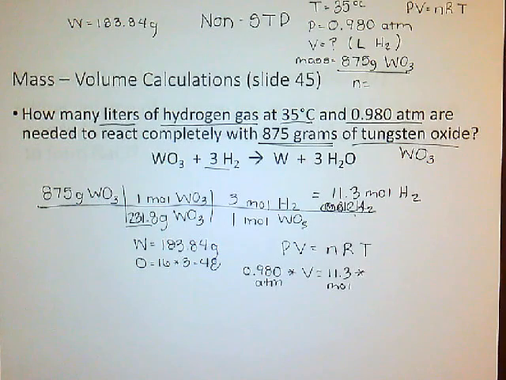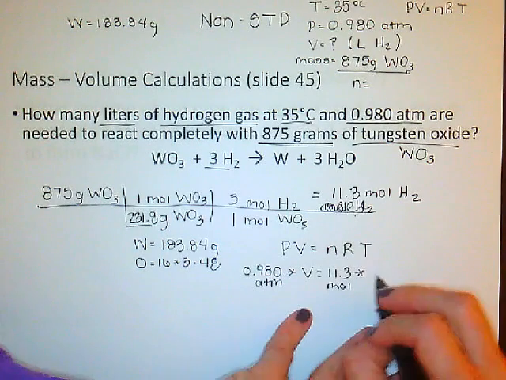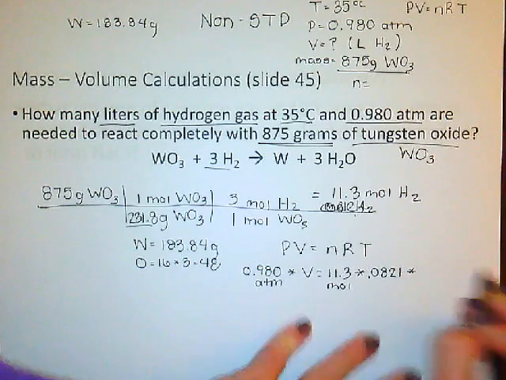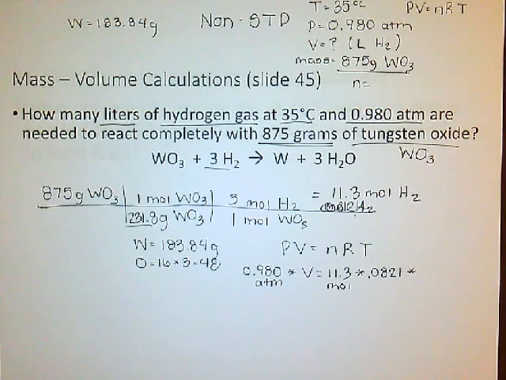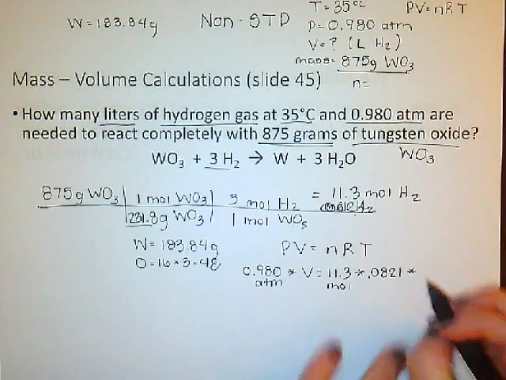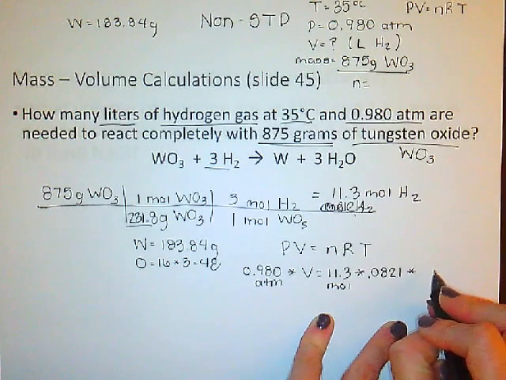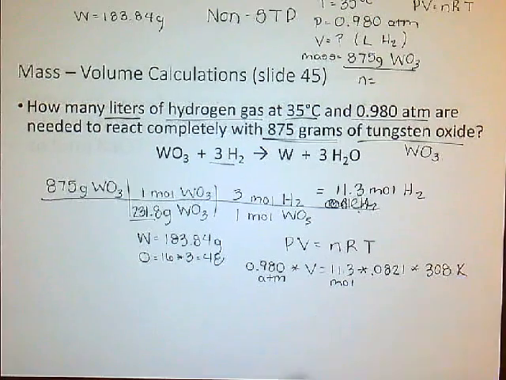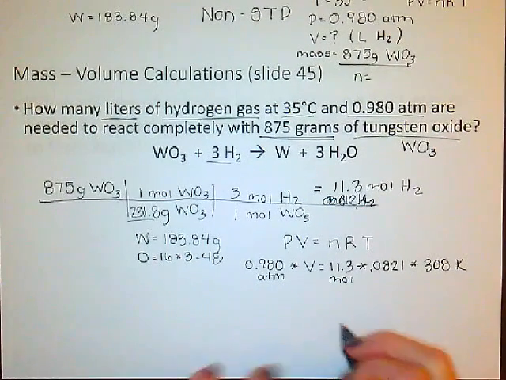R is the universal gas constant, so this is where we've got to look back at our pressure, and we see that it's in atm, which means we're going to use the constant 0.0821. The temperature was originally given to us in degrees Celsius, but remember we have to change that into Kelvin, and when you add 273 to 35, you get 308 Kelvin.